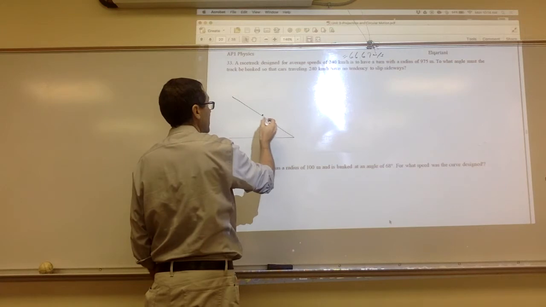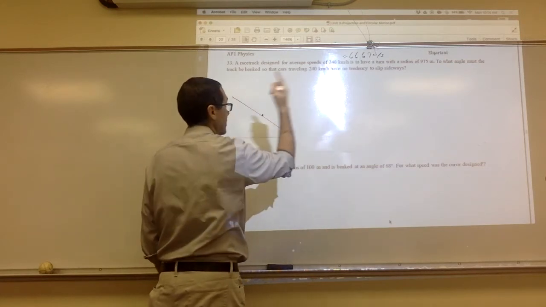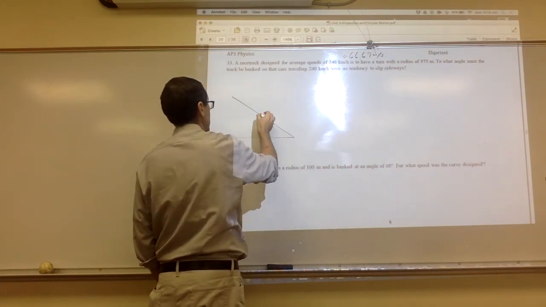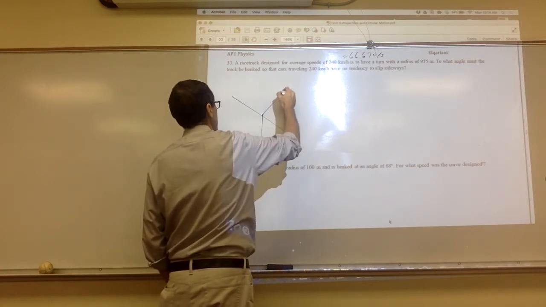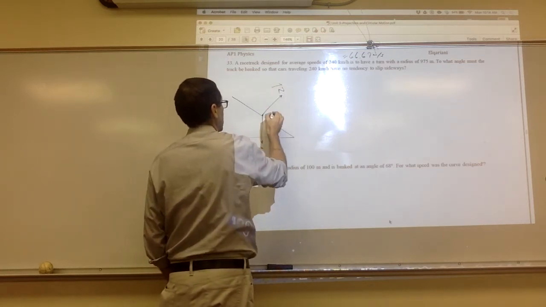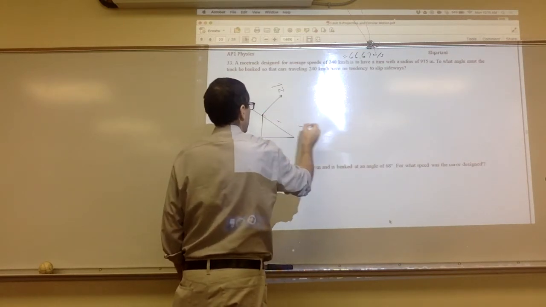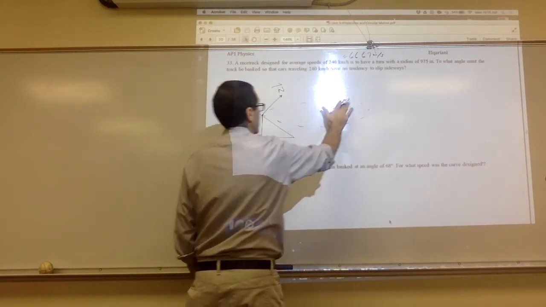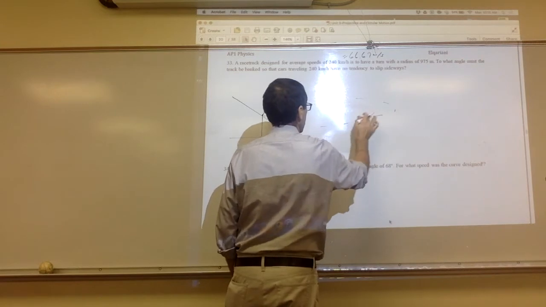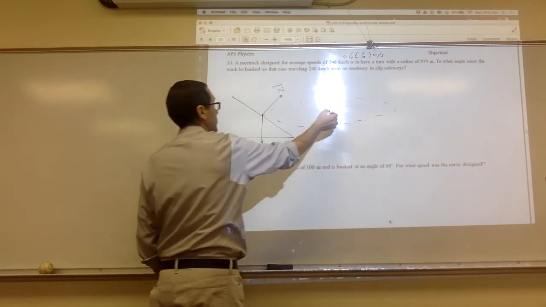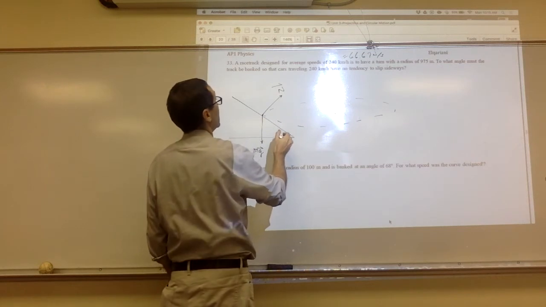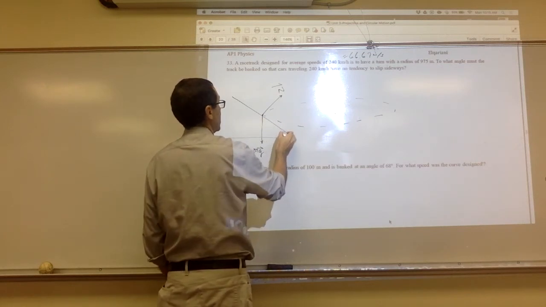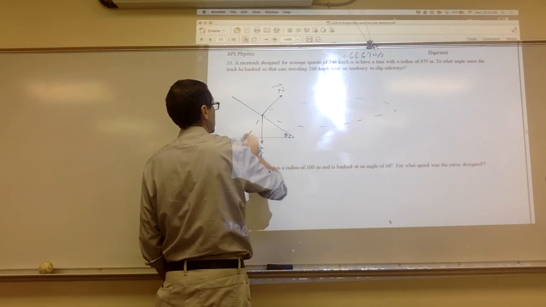So this is the car, and you're going around this way, right? Around the racetrack. So here is your mg. Here is the normal force. Now the center of this curvature is somewhere in here. Okay, so I'm going to break this, and if this angle here is theta, this is also theta.